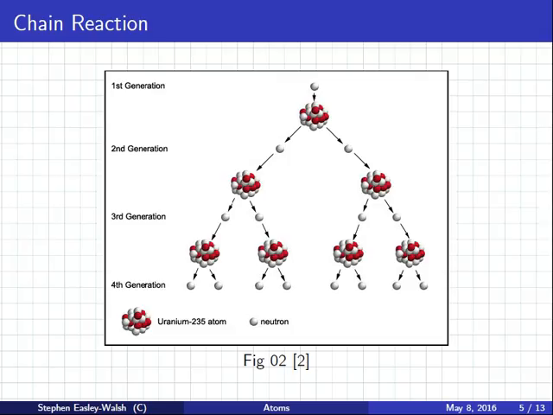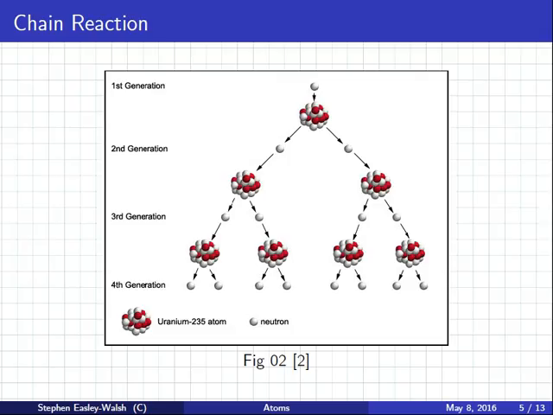Our first picture will show here to here. The first picture is just the first one up the top. The generations are talking about the neutron chain. The reaction, I guess.